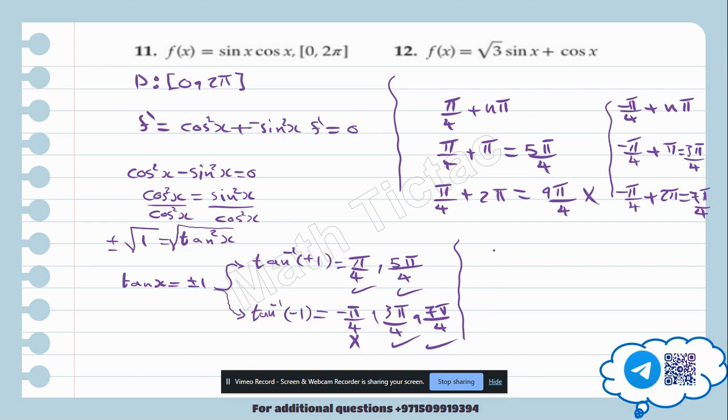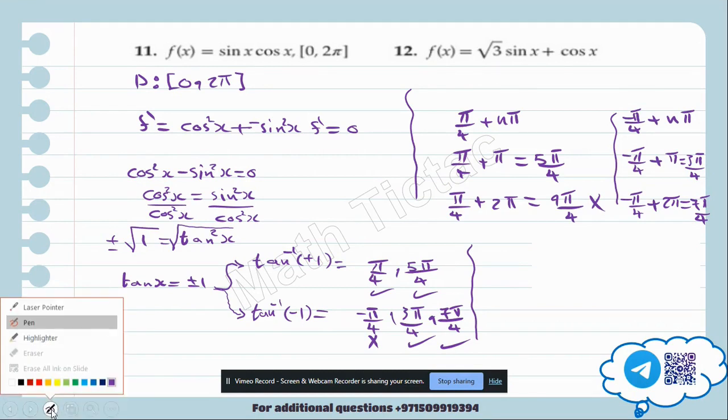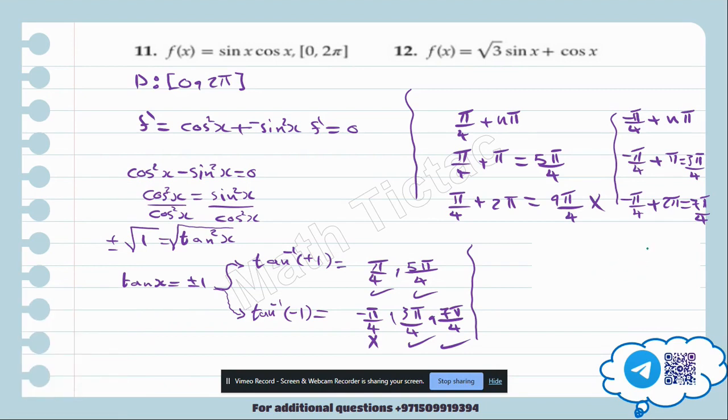We have found them. So if we have local maximum, local minimum, directly I'll go ahead and just choose the line. So grab the number line. So we have our interval from 0 to 2 pi.